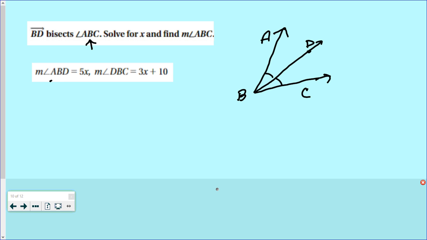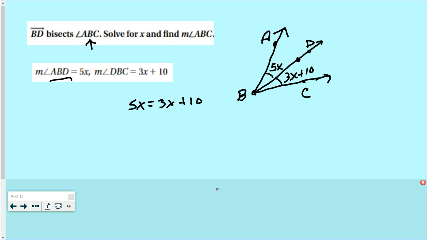ABD, start at A, go to B, up to D. This angle in here is 5x. The other angle, DBC, is 3x plus 10. Because it was a bisector, these two have to equal each other. So 5x equals 3x plus 10.